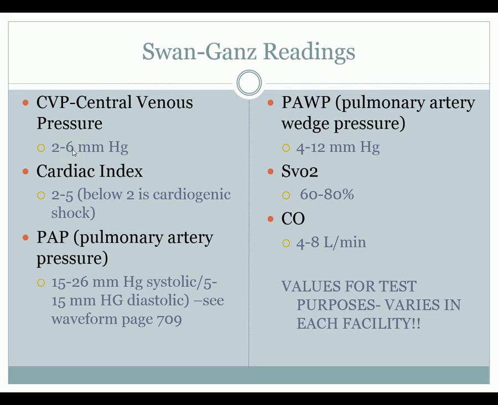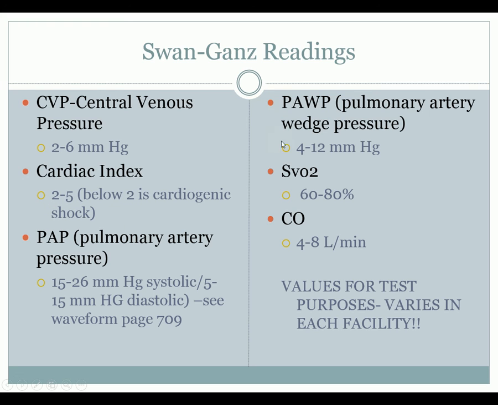Could mean hypervolemia, they're getting too much fluid. And if you get a lower reading, lower than 2, then that usually indicates hypovolemia. So for most of these readings, if it's a high reading, then it's hypervolemia or hypertrophic. And if it's a lower reading, it's hypovolemic. Again, cardiac index, we know if we get below 2, we're worried about cardiogenic shock.